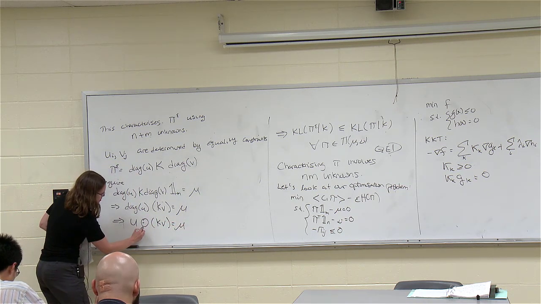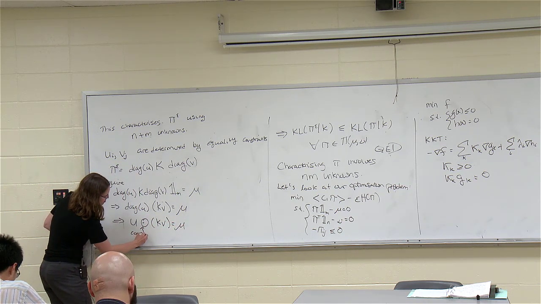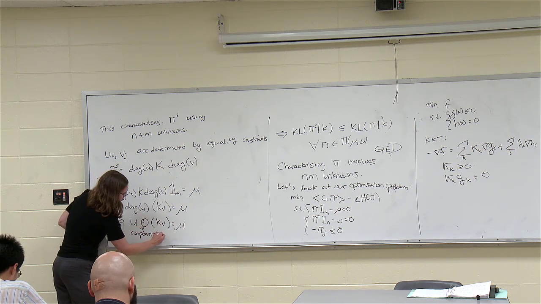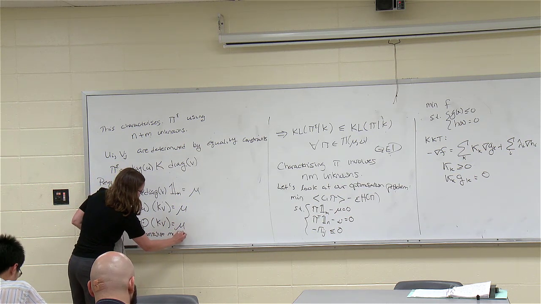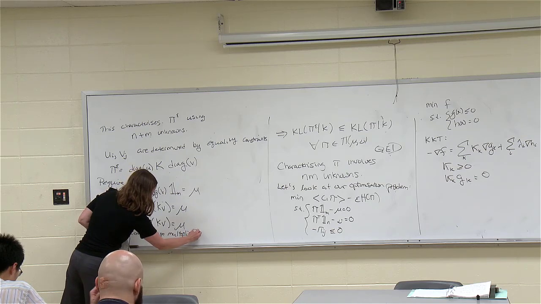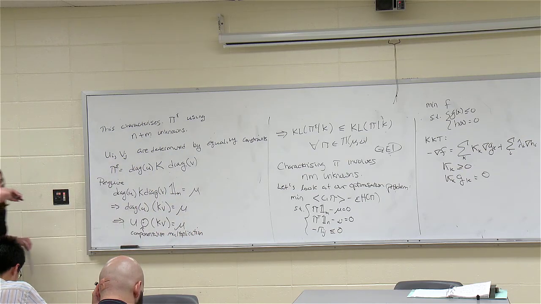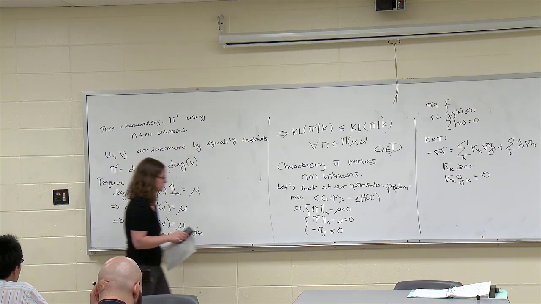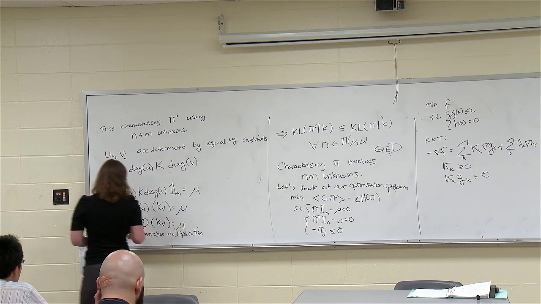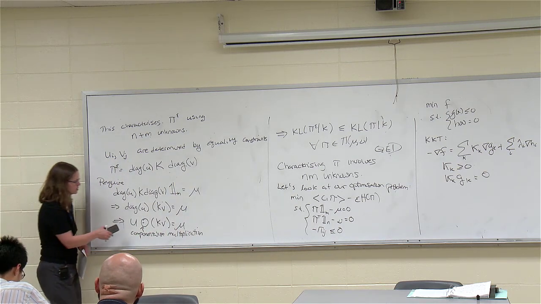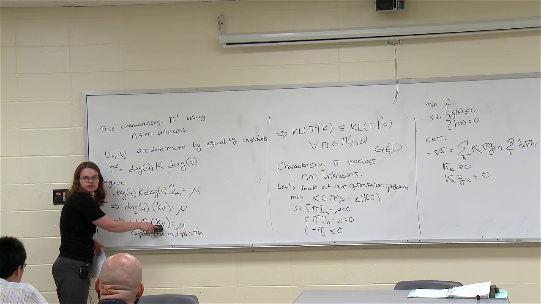Okay, so for each constraint, I need one element of this vector, right?